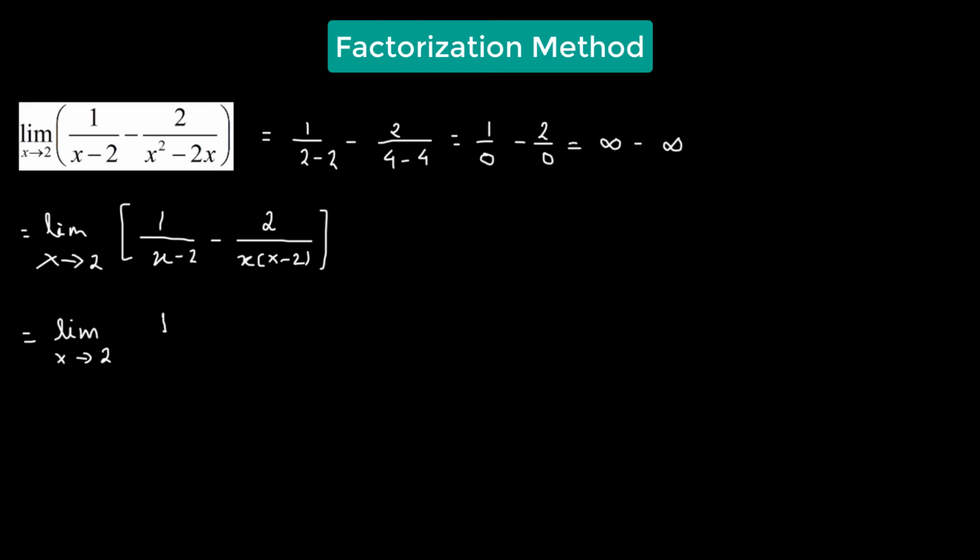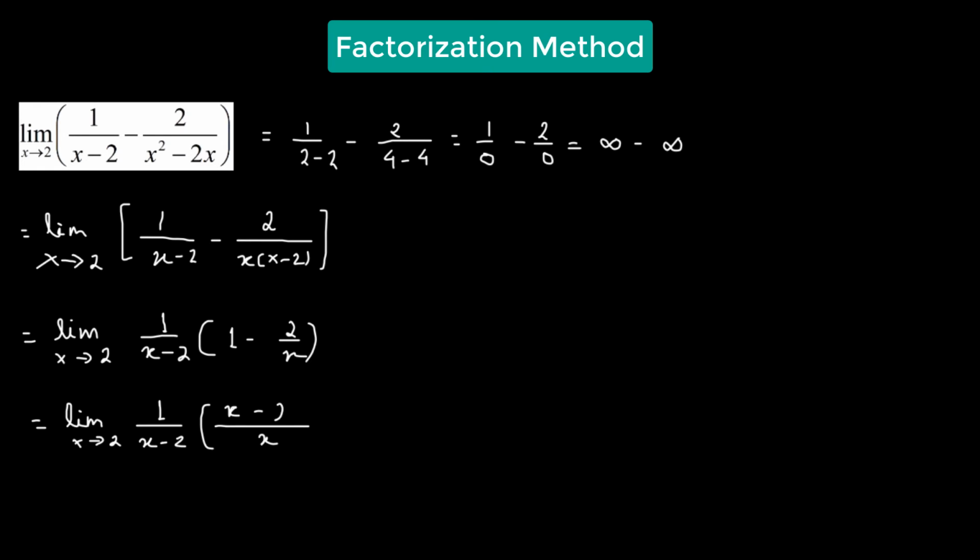So now we are going to take 1 over x minus 2 as the common factor, so that leaves us with 1 minus 2 over x, which will be equal to limit x going to 2, 1 over x minus 2. Now we're going to combine 1 and 2 over x. So we have a common denominator of x. So x and 1 get multiplied. That gives us x minus 2.